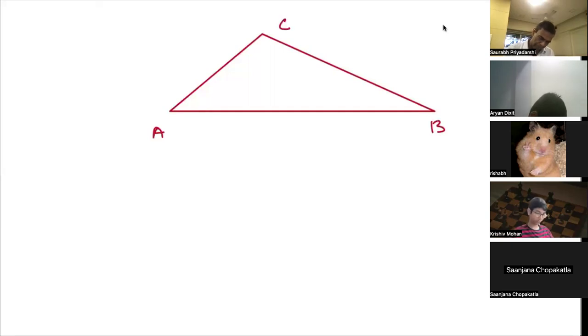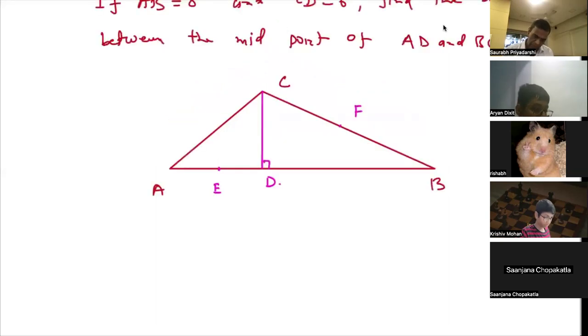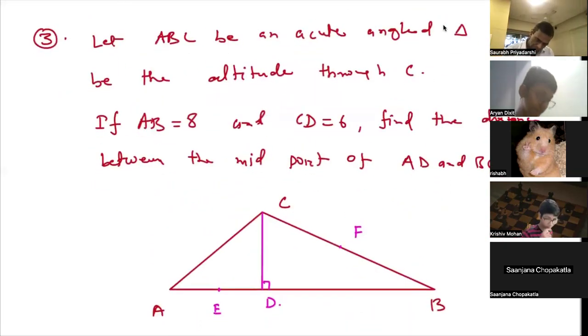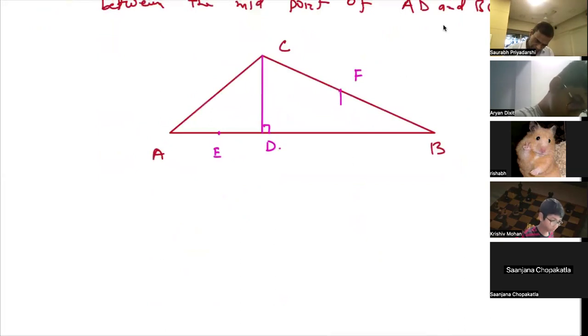ABC. Altitude through this is D. Midpoint of this is E. And midpoint of this is F. We have taken a few of these. Now a perpendicular drop from this. This length is given as 6.